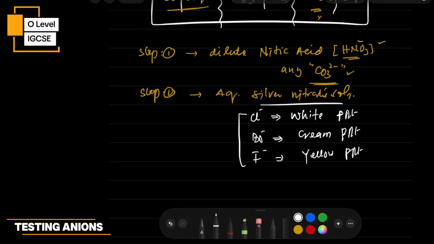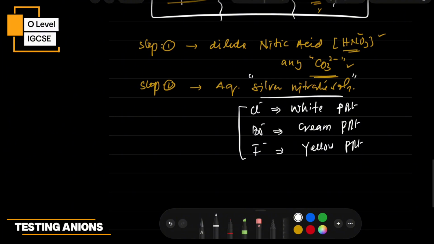So silver nitrate is a specific reagent that is used to detect the presence of halide ions. So step 1, add dilute nitric acid, then step 2, add silver nitrate solution, and then check the color of the precipitate.